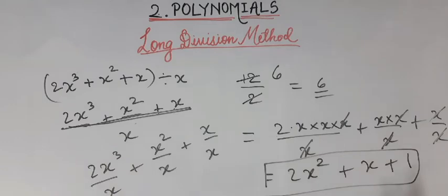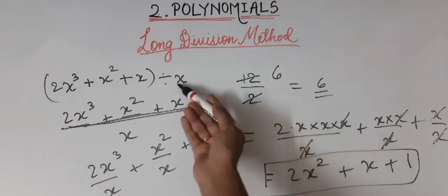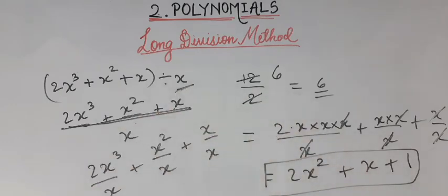So you can divide like this only if the divisor is monomial. If the divisor is monomial, you can use this. But what if I ask you to divide a polynomial with a binomial or trinomial? Then how will you do this? So let us take that example and we will solve it using the long division method.